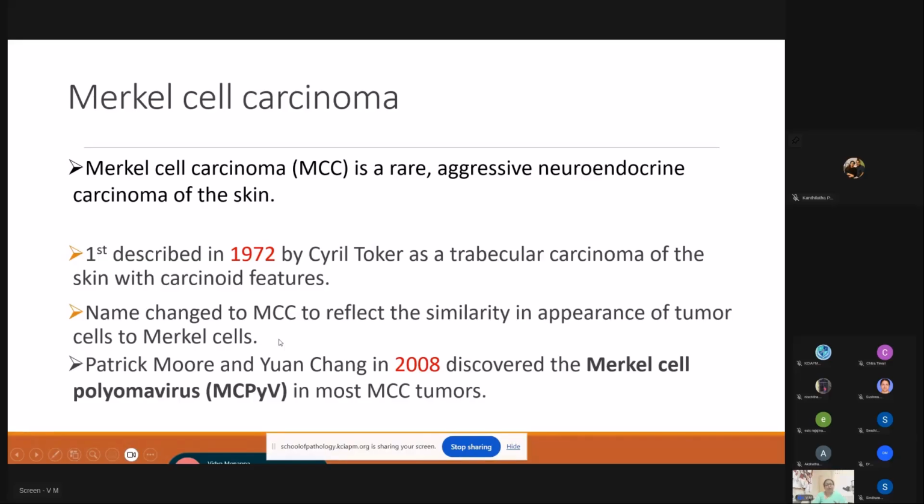Then there was a long gap, and around 2008, Patrick Moore and Yuan Chang discovered that this carcinoma is linked, because they really didn't know where it was arising from. This discovery was very significant, and they discovered that in the majority of these Merkel cell carcinomas you do see expression or infection with Merkel cell polyomavirus.